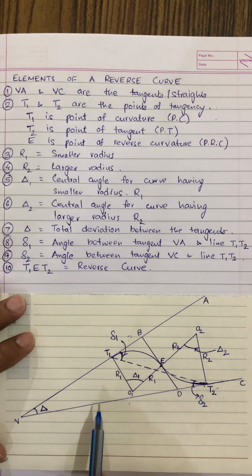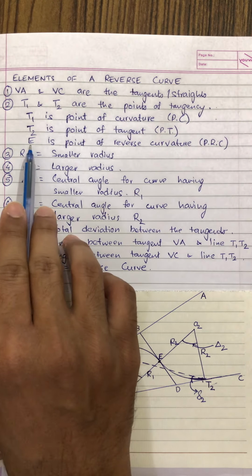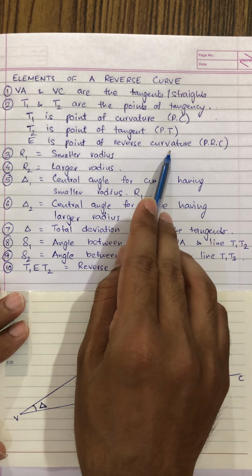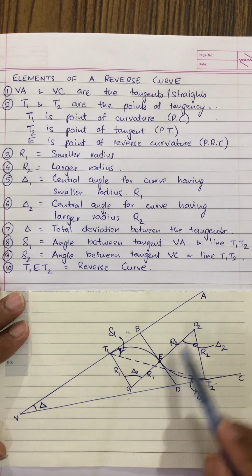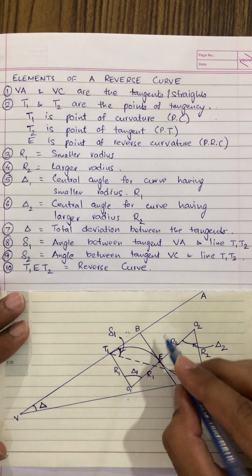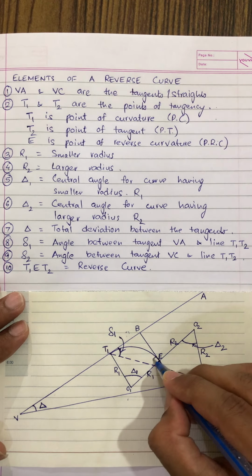Okay. Now here we know that since this E is the point of reverse curve, see, this E is the point of reverse curvature. So this line O1, O2 will be actually perpendicular to this line BD. Okay, because line BD is what?